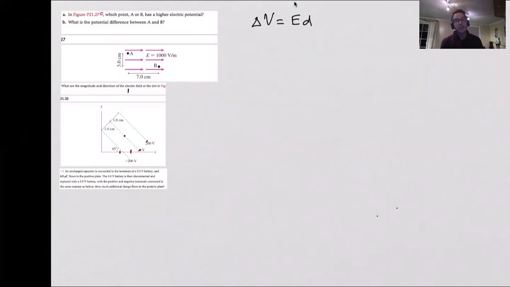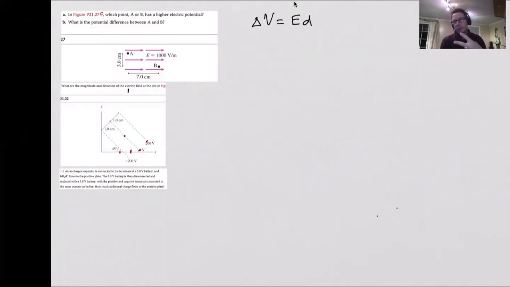And D is the separation distance, not between any arbitrary points, but the separation distance between the two surfaces of equipotential. That's going to become important in each one of these to make sure that we don't double count or over count for anything in particular. And again, we solved some other problems like this in a previous video, so hopefully it should be no problem.